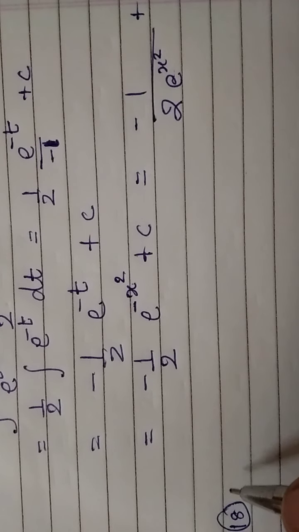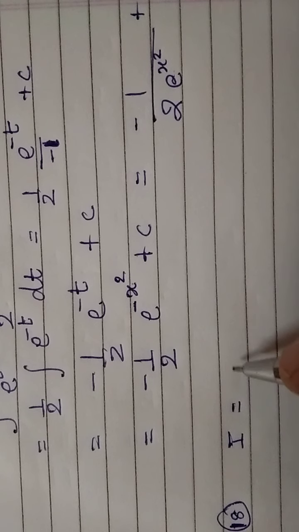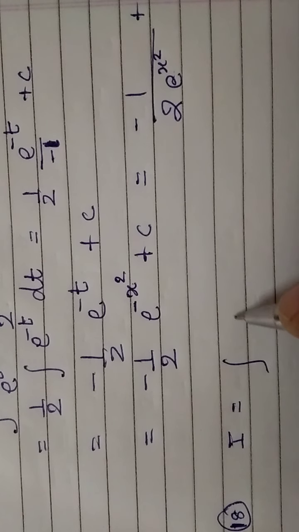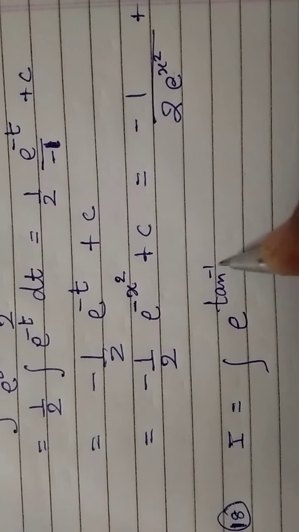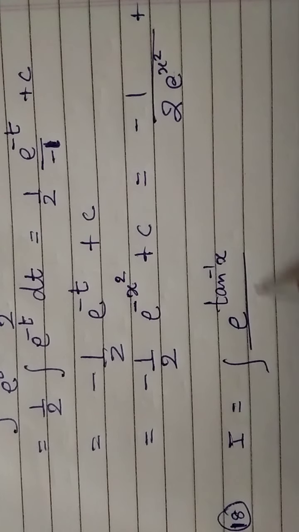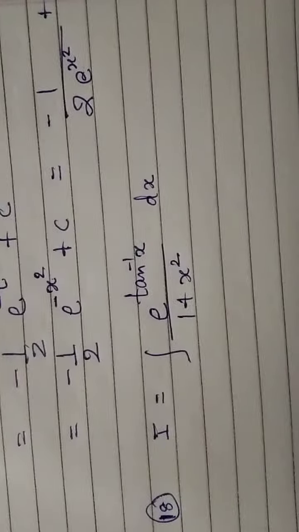So we go to question number 18. Question number 18 is I equals the integral of e raised to tan inverse of x, the whole upon 1 plus x square, dx. Okay, this is my question.